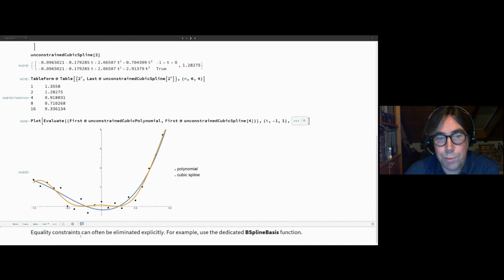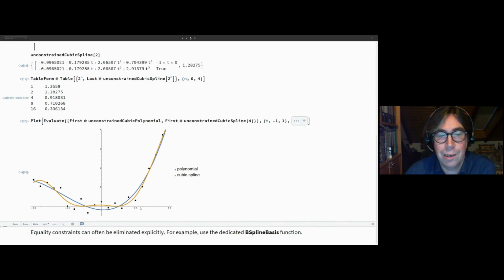Now you would probably, if you really implemented that, eliminate the equality constraints and use the B-spline basis for performance, and also matrix condition reasons that would be favorable. But for the purpose of this talk, let's just stick to that easy to read notation which I used before.